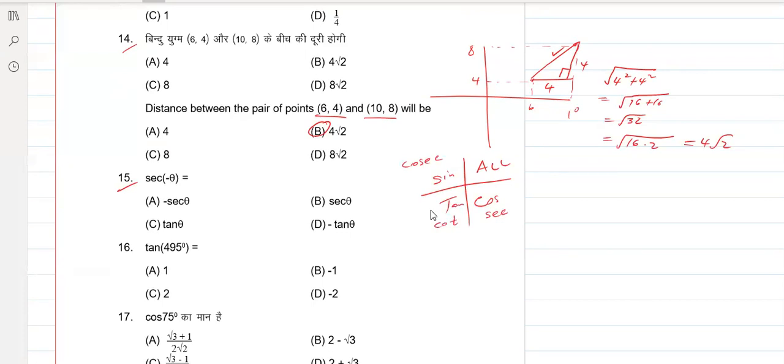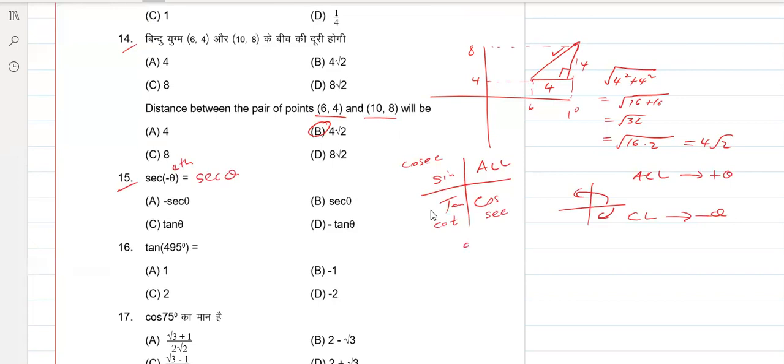When we go in the anti-clockwise direction, we usually have positive theta. If we go in the clockwise direction, we usually have negative theta. So when we say sec of negative theta, we are actually in the fourth quadrant. Sec in the fourth quadrant is positive.